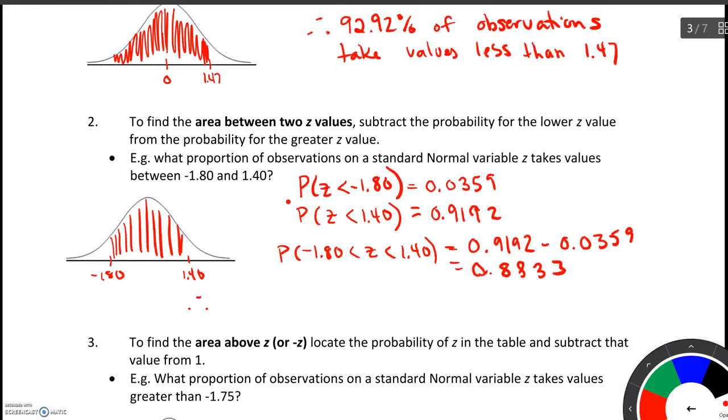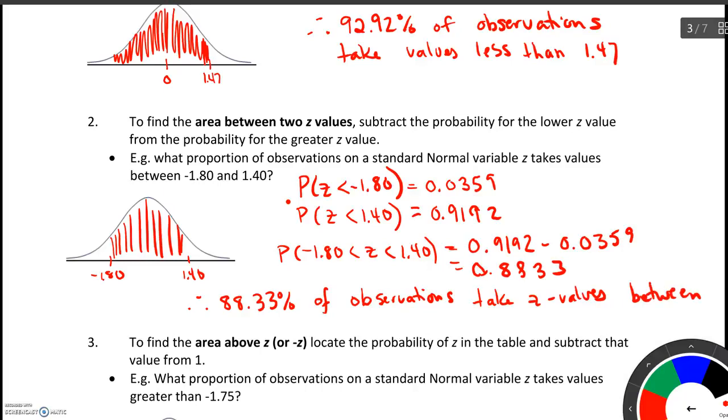And therefore 88.33% of observations take Z values between negative 1.80 and 1.40.